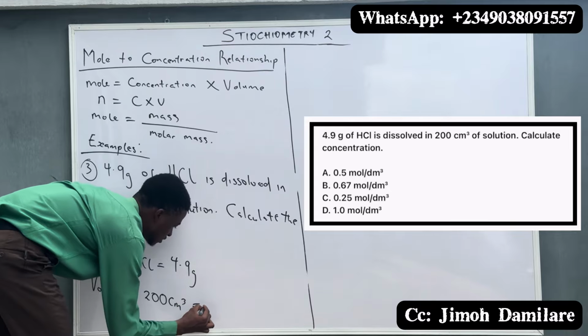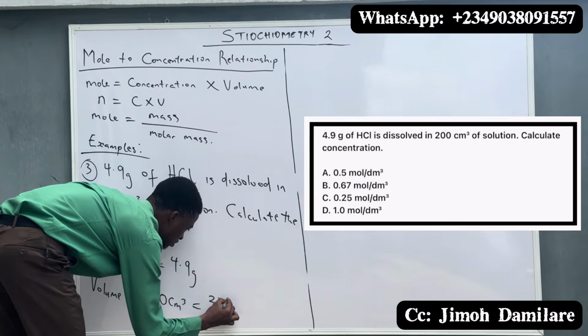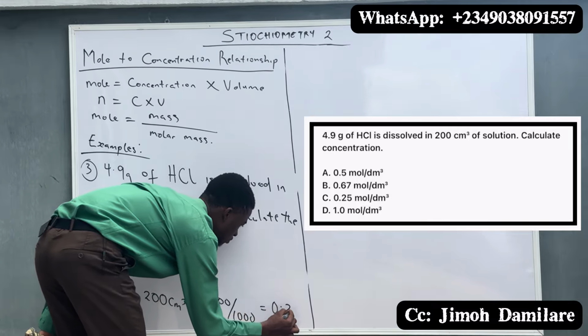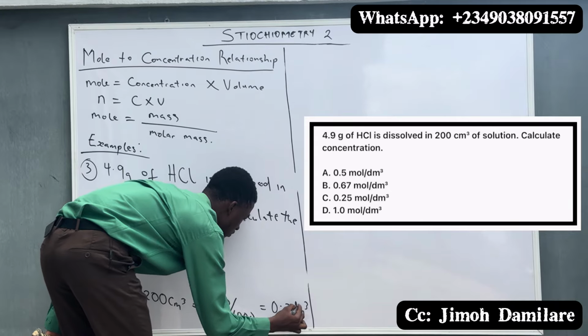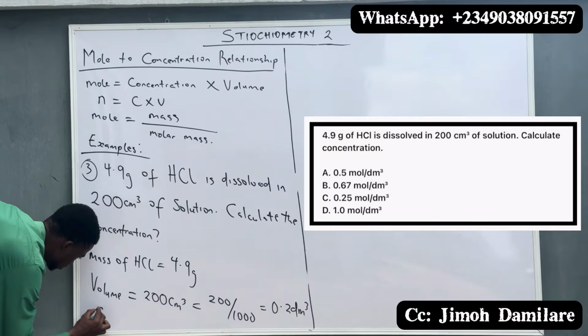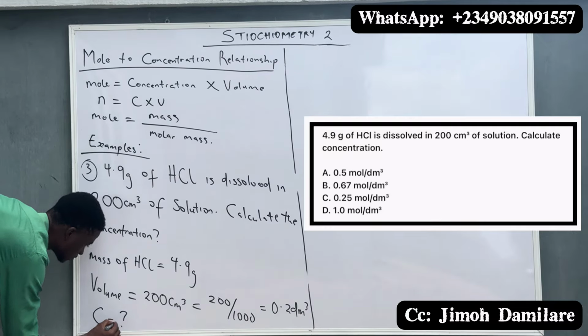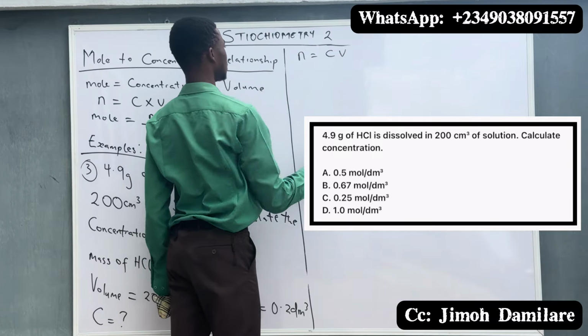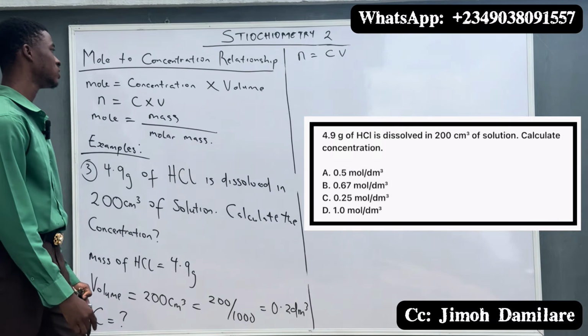So we can convert this to dm cube. It will be 200 divided by 1000, which is equal to 0.2 dm cube. And lastly, our concentration, which is unknown. Remember that our formula is N equals CV, and we are not given our N, which is the mole.